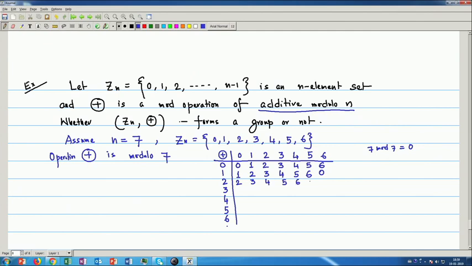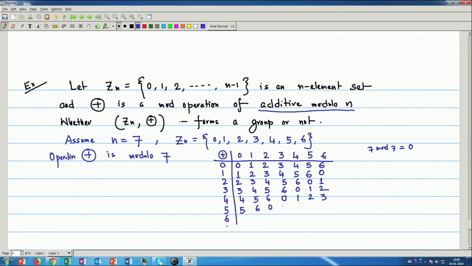Now, again 5 plus 2 is 7, 7 modulo 7 becomes 0. Now, 6 plus 2 is 8, 8 modulo 7 becomes 1. Similarly, we can fill up 3, 4, 5, 6, again 7 becomes 0, 8 becomes 1, 9 becomes 2. Then 4, 5, 6, 7 becomes 0, 8 becomes 1, 2, this becomes 3.